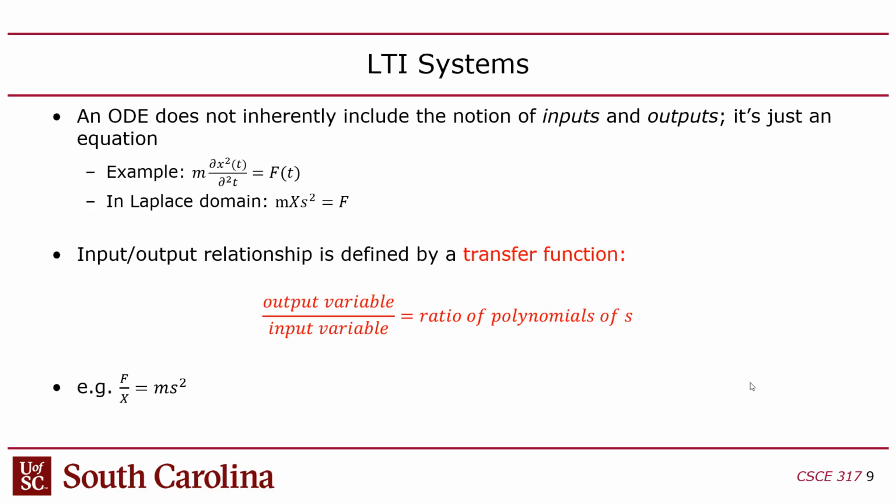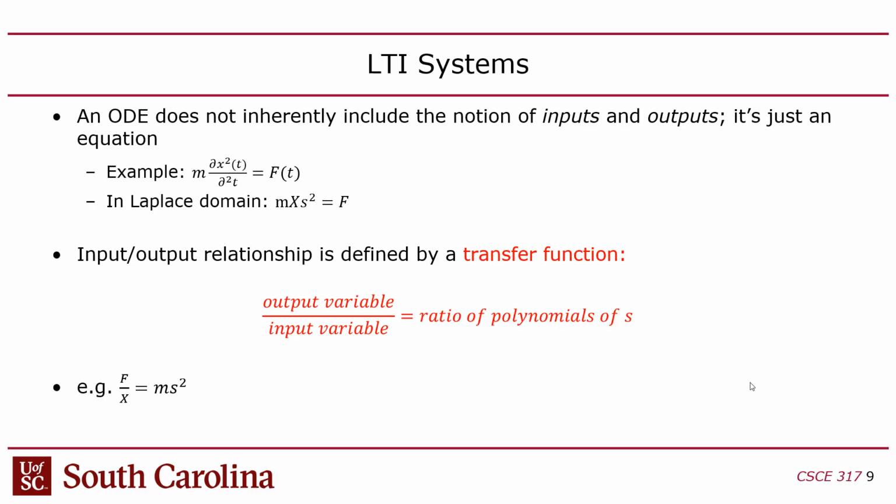The problem with Laplace is that once you go from time domain to Laplace domain, there's not really any going back. But it makes things very easy to work with, right? So for example, if I have mass times acceleration equals force, that would be written as m, that doesn't change, it's still m, and then capital X instead of lowercase x, where x is the position.